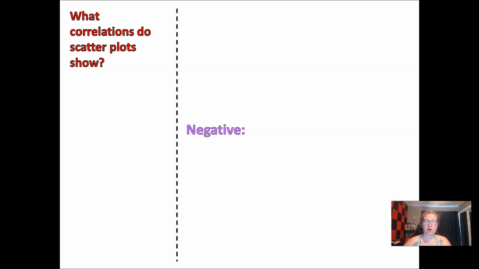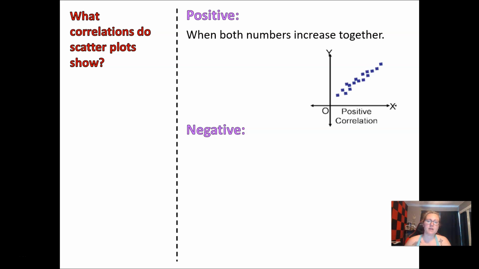Scatter plots have what are called correlations. A correlation is like, what direction are your points going? Positive correlation happens when both numbers are increasing. So if the X's are getting bigger and the Y's are getting bigger, your points will go up, and that'll be a positive correlation.